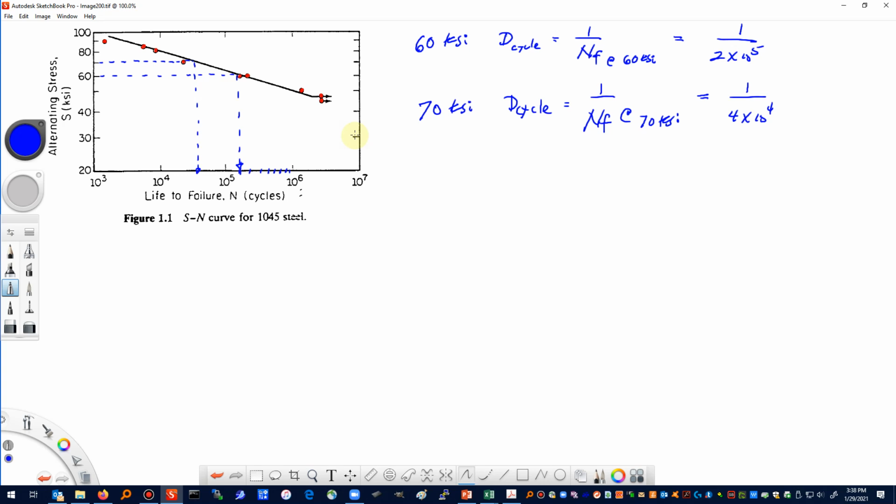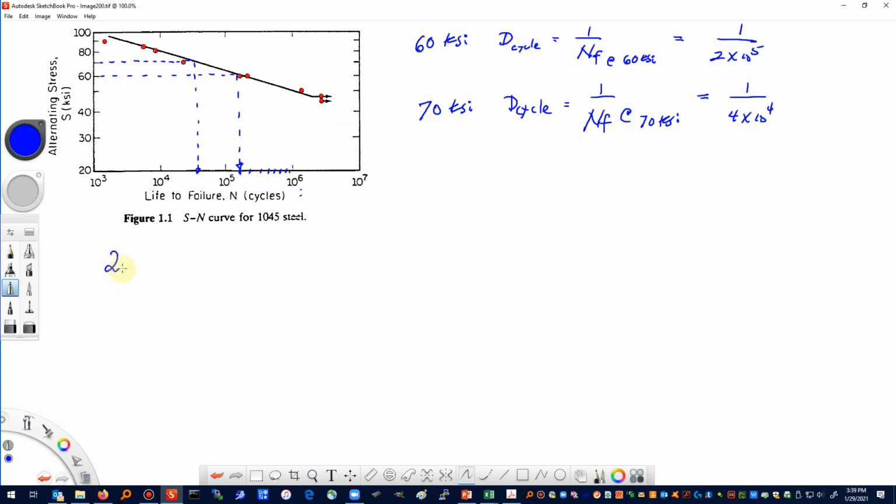Eventually, we're going to be looking at variable amplitude loading, where we can have stress levels that are all over the place, not just constant 60 KSI plus or minus, constant 70 KSI plus or minus. We're going to have a number of cases where the stress levels are going to be changing.